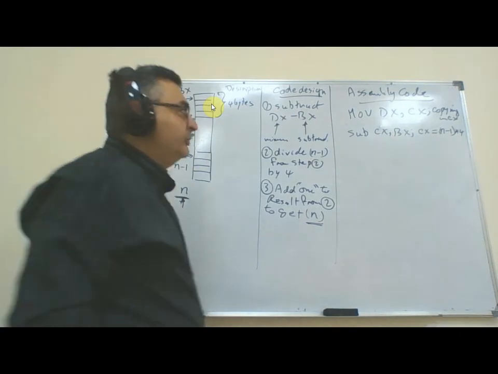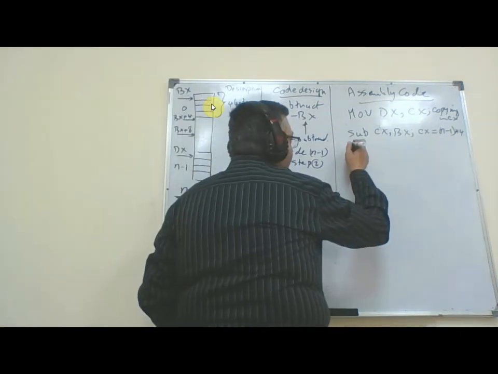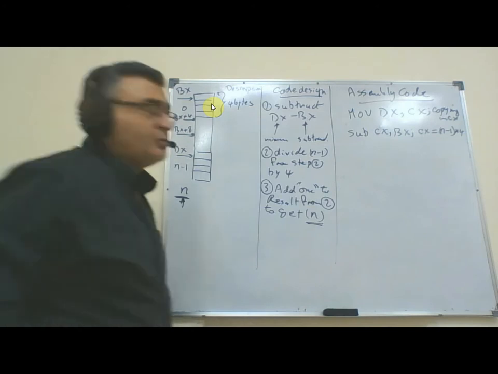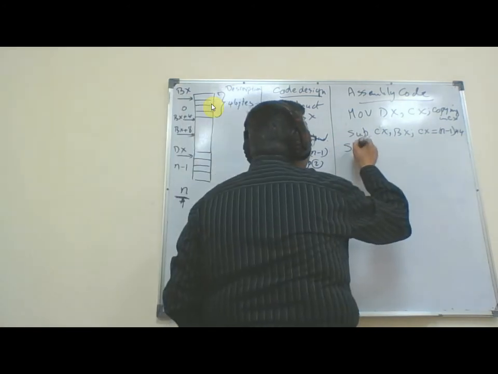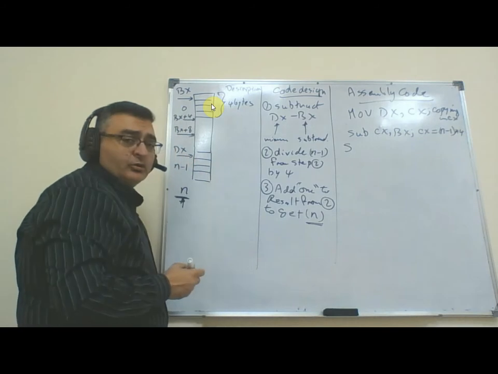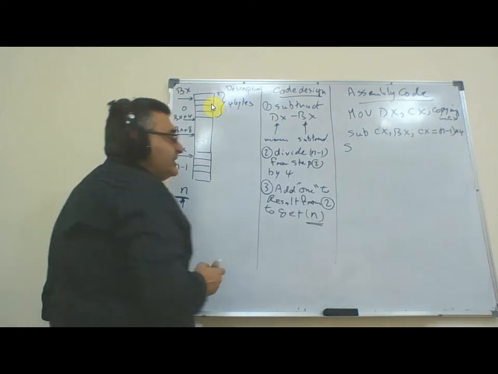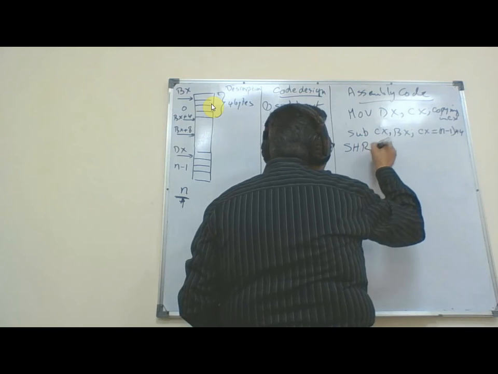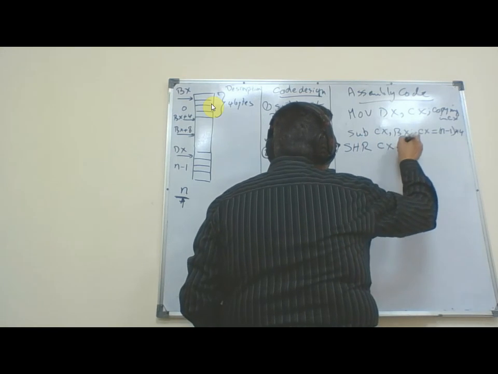Okay, up to you. Then I have to divide. Instead of divide, I want to shift. This is unsigned, so I will do a logical shift to the right, cx, comma 1.